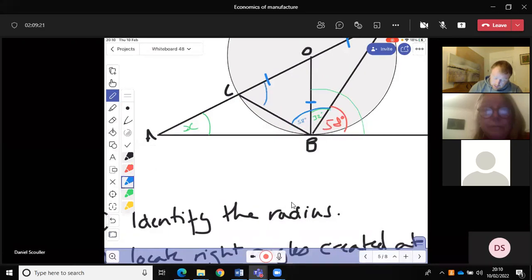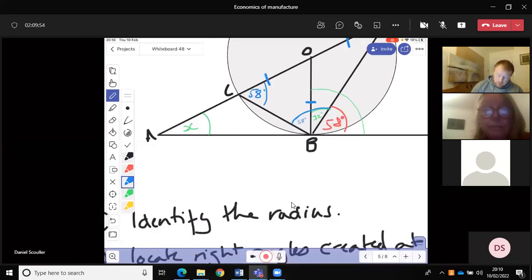Okay, so we can draw in that OCB, OCB is 58 degrees. Okay, so we're getting closer. Not quite there yet, but we're getting closer.